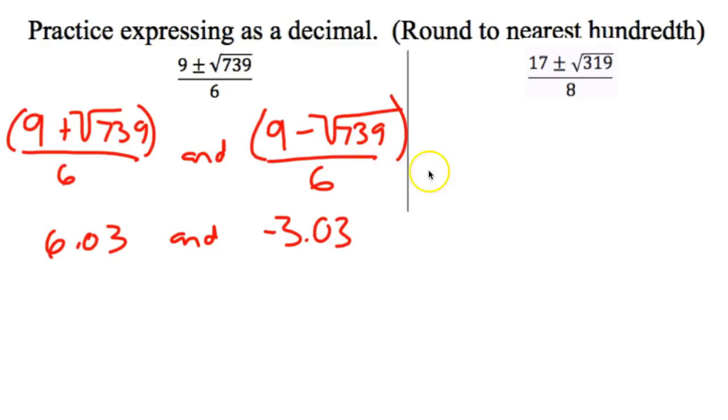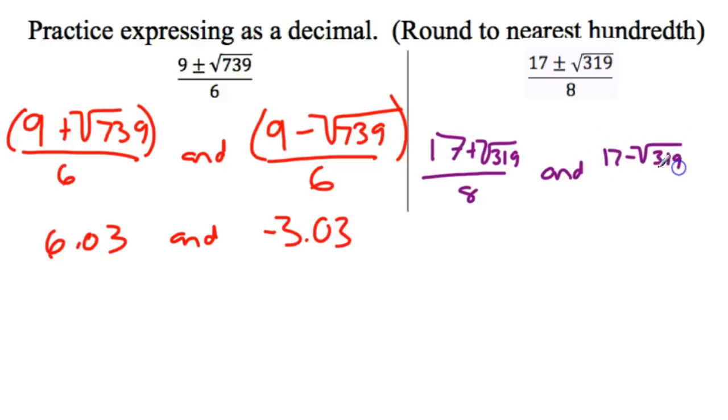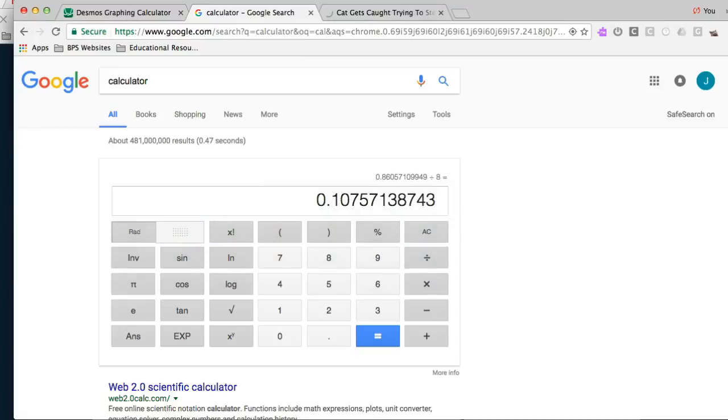This one over here, we'll have two answers again. 17 plus the square root of 319 divided by 8, and 17 minus the square root of 319 divided by 8. All right, let's put them in.